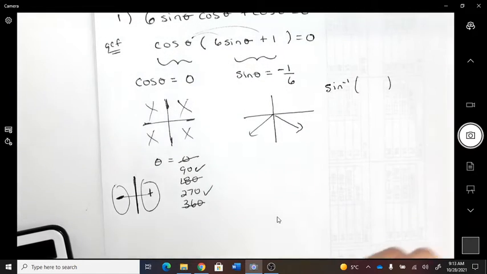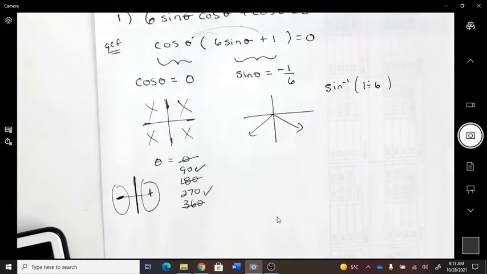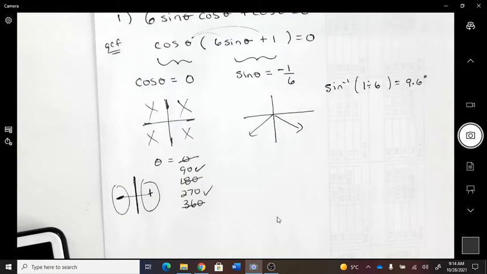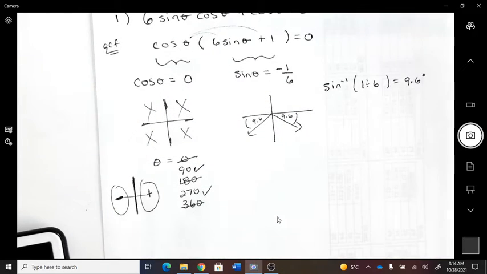And what's that little rule? Don't put the negatives in the math. The negative is inside the drawing. Okay, so can you get a number there which is called your reference angle? That's a reference angle. Okay, so 9.6 degrees is a reference.